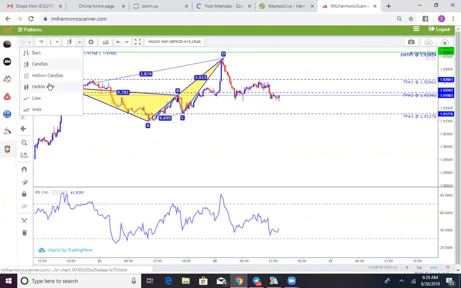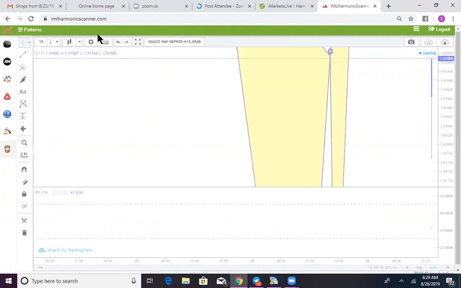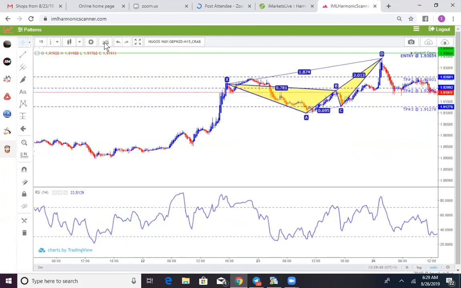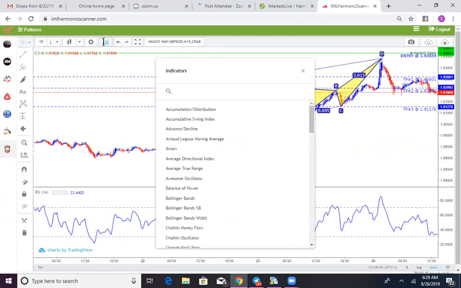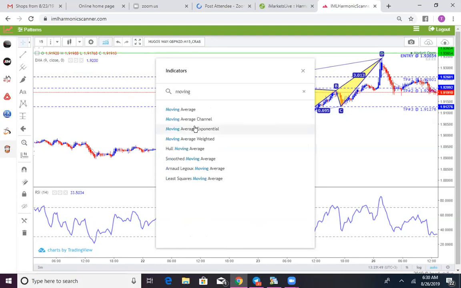So Heikin Ashi candles, indicators. 1, 2, 3.